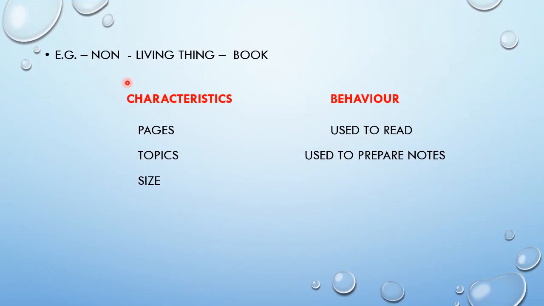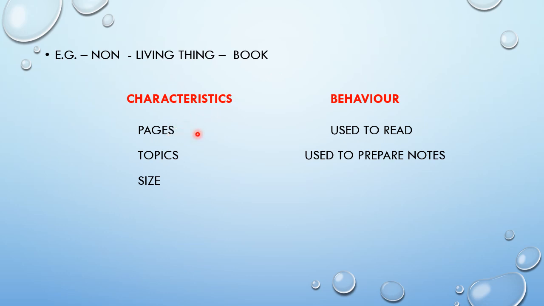Now I am taking one more example of a non-living thing. So what are we discussing? We are discussing the real-world objects. Fine. So in real-world objects, we have discussed the living example cat. Now we are discussing the non-living book. Book also has some characteristics and behavior. So book is also a real-world object. What can be the characteristics of book?